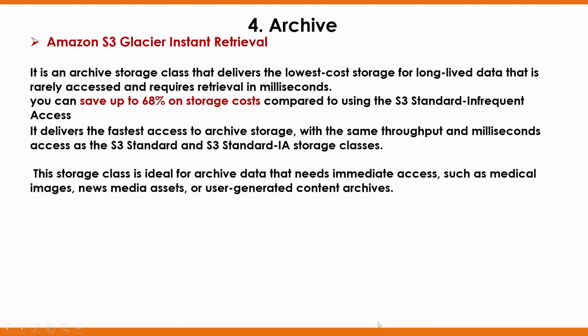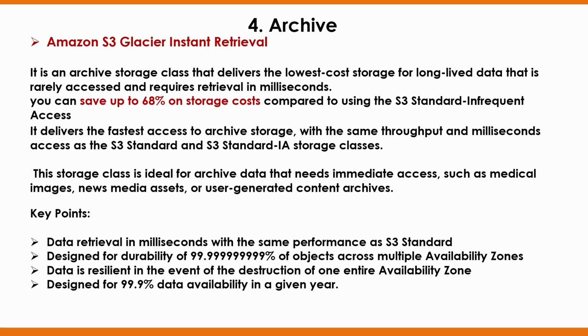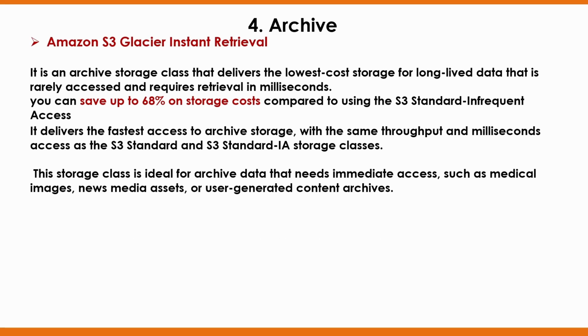You can save up to 68% on storage cost compared to using S3 Standard infrequent access, and it delivers the fastest access to archive storage with the same throughput and milliseconds access as the S3 Standard and S3 Standard IA storage classes. This storage class is ideal for archive data that needs immediate access, such as medical images, news media assets, or user-generated content archives.